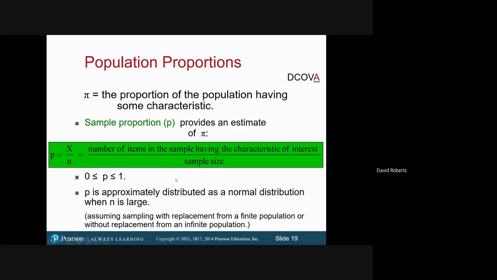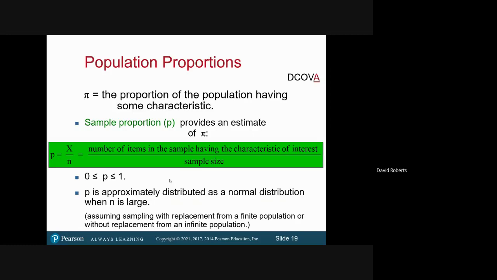So, population proportion. All right. The proportion of the population having some characteristic. So this is used when, for example, what percentage of people talk on their cell phone while driving? What percentage of people have four-wheel drive in their cars? Things along this line.